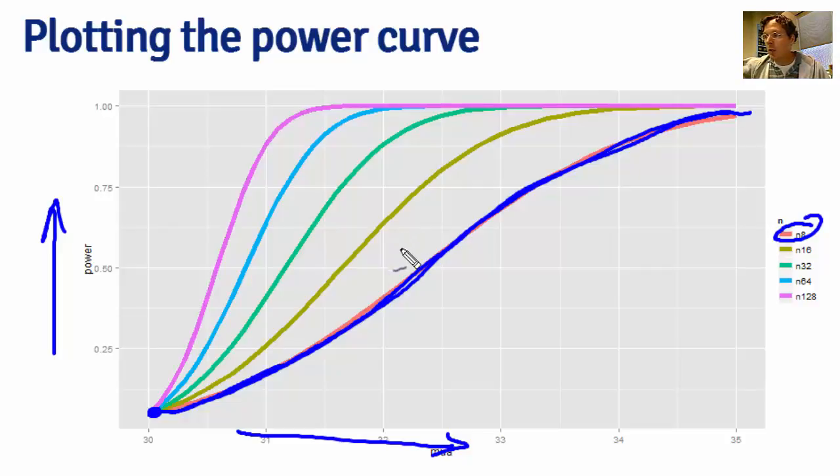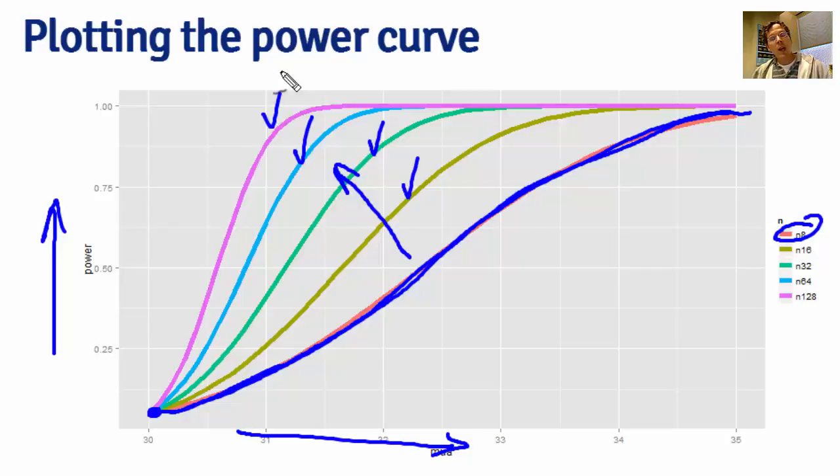And then the other thing I would note is that as we head up here, we're seeing sample sizes doubled with each line. I start out with n equal to 8, then I move to n equal to 16 right there, and then 32, and then 64, and then 128. And what you can see is the curves all getting shoved up to higher and higher power earlier and earlier. And this makes a lot of sense as well.